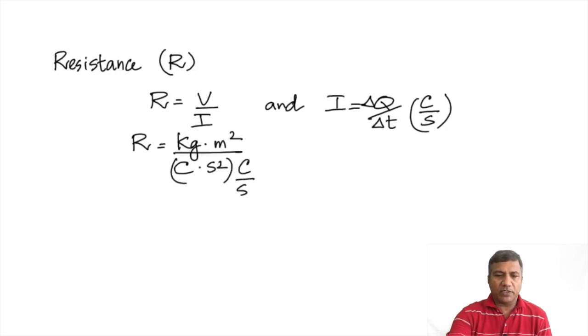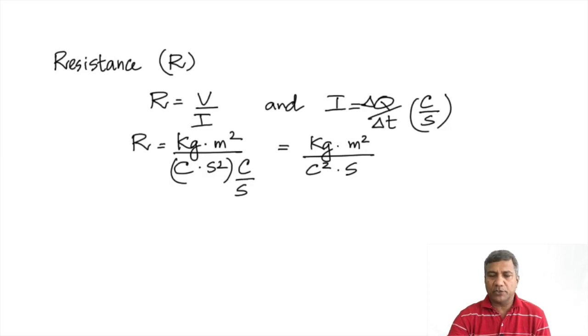And then we've already got the unit of voltage, divided by coulomb per second, because that's the unit of I. When you rearrange, you get kilogram meter squared by coulomb squared second.